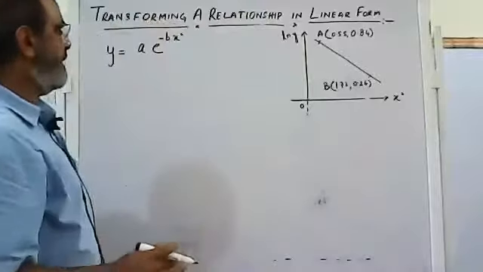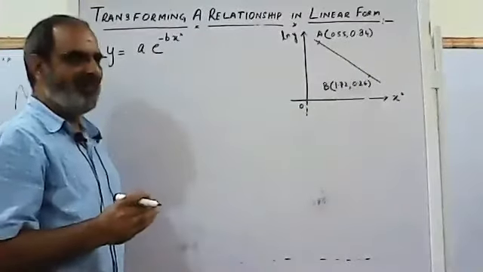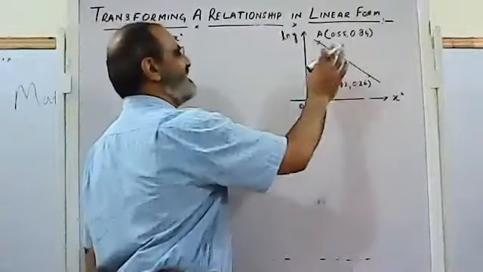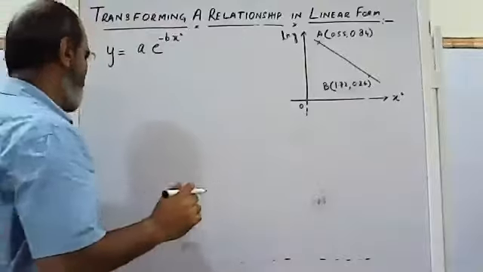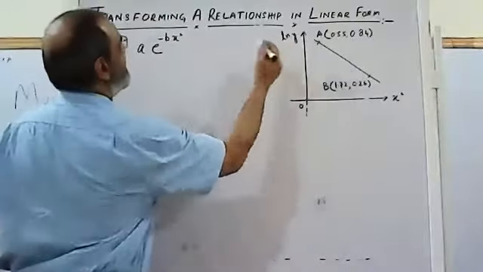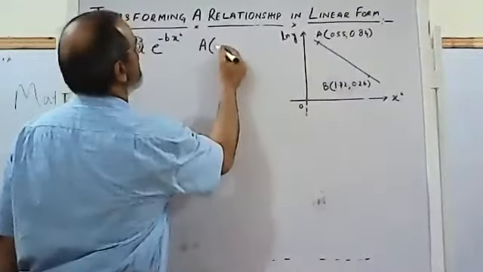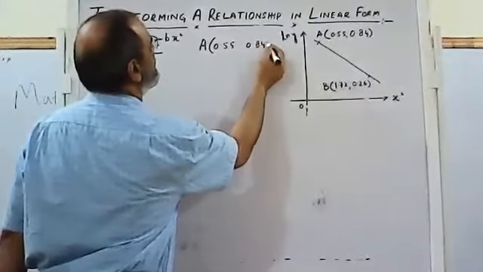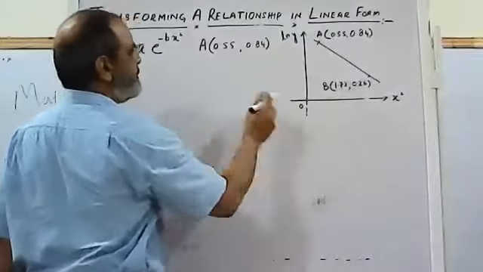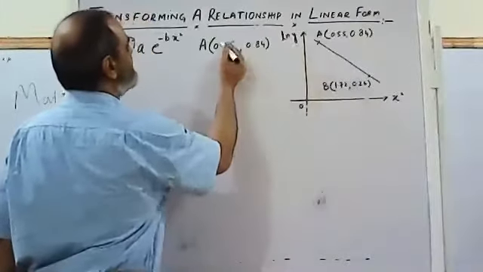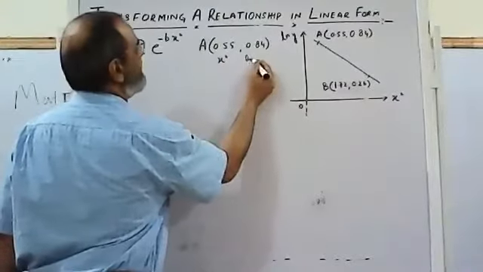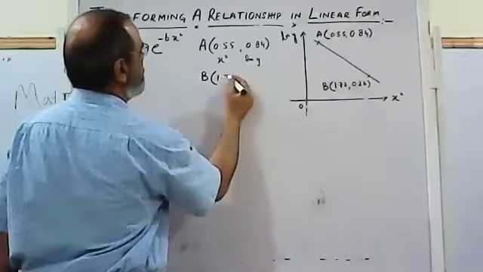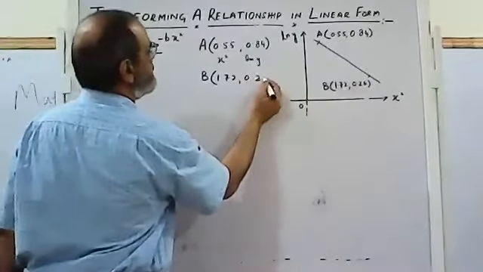So when we plot the graph between x square and ln of y, it gives us a straight line, and that straight line passes through 2 points A and B. So as I have written over there, A has coordinates 0.55 and 0.84. Remember, it is a graph between x square and ln of y. It means it is x square, it is ln of y. Similarly, B has the coordinates 1.72 and 0.26.